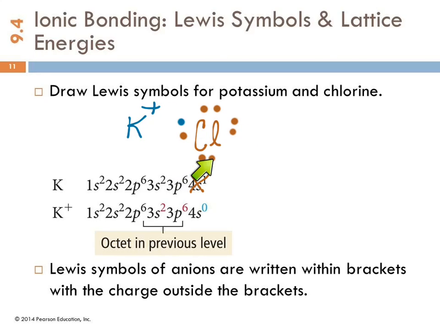And then over here, this guy has gained an electron, and so it now has a charge. And we're going to put brackets around it because we don't want this minus sign to get lost among the dots. Now we have a positive ion and a negative ion, and suddenly they're very attracted to each other. And that forms an ionic bond.